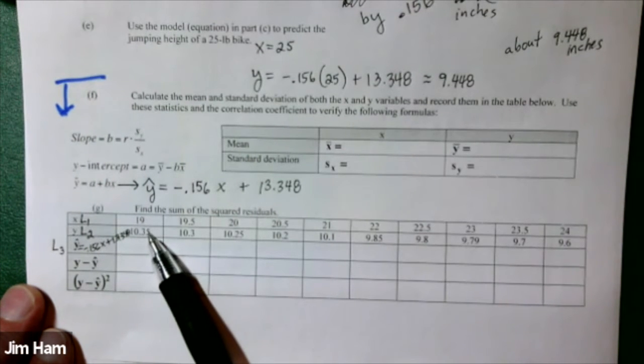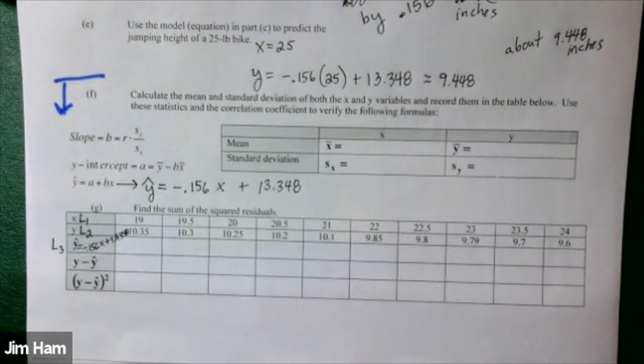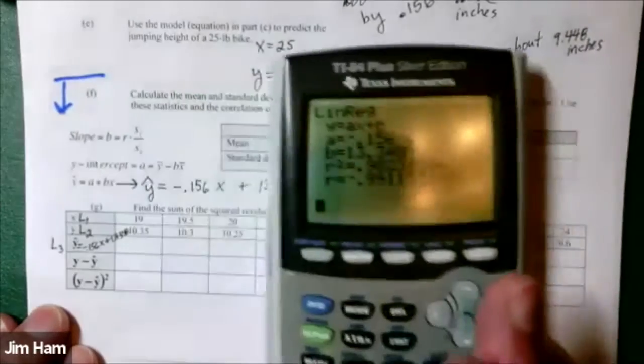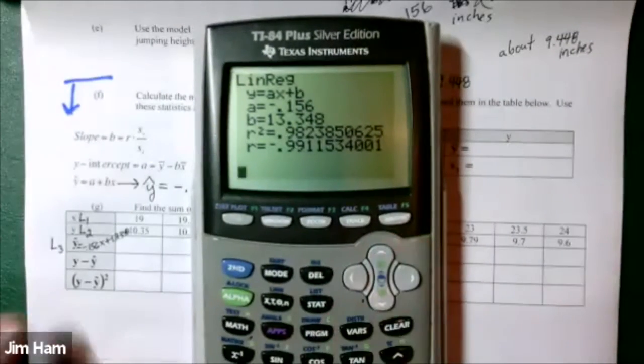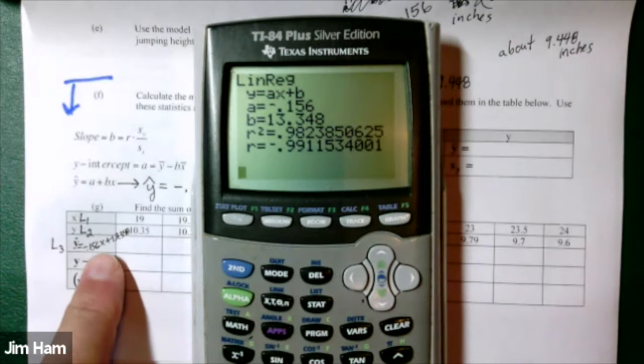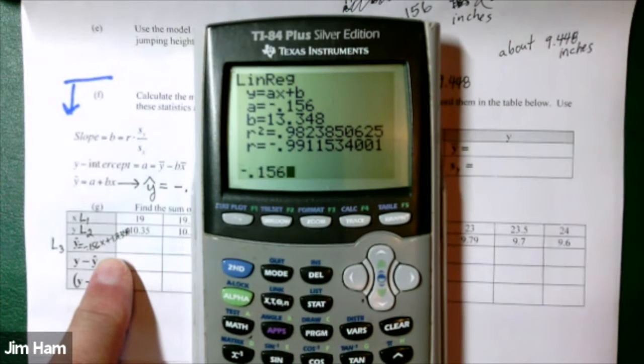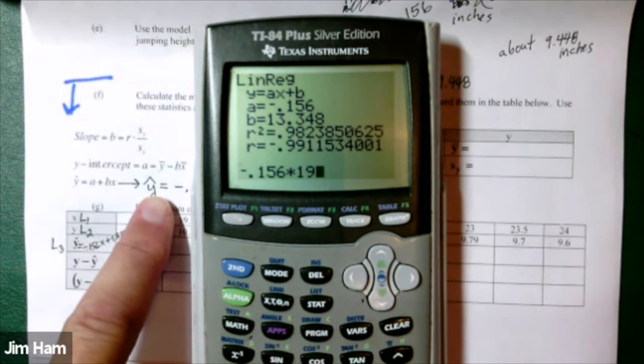Now we think they're going to be close to 10.35, but we don't know. So I'm going to be doing this first one by hand. In fact, what I might do is just do it on the home screen so you can see what's working. I'm going to plug 19 into our equation.